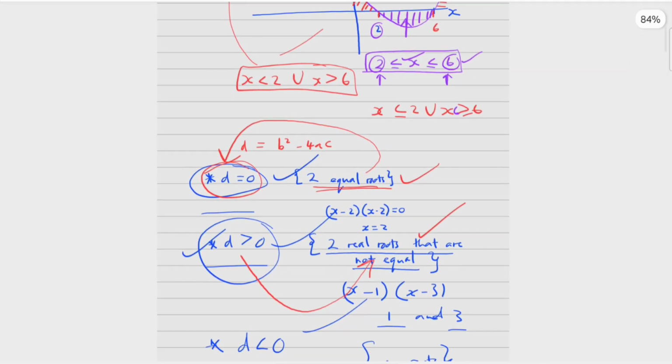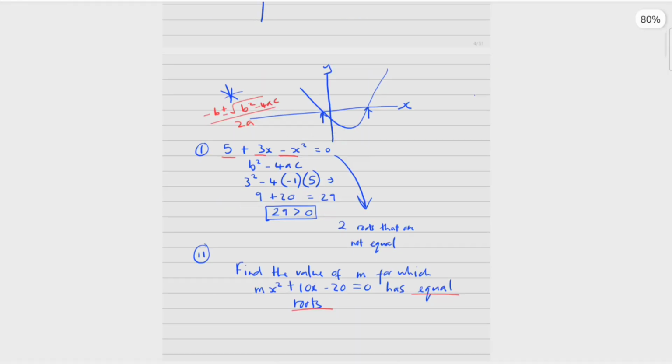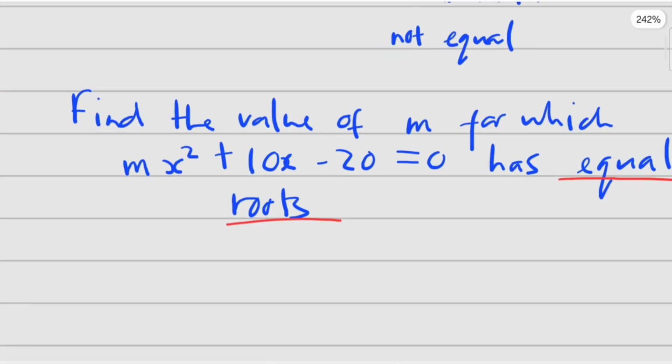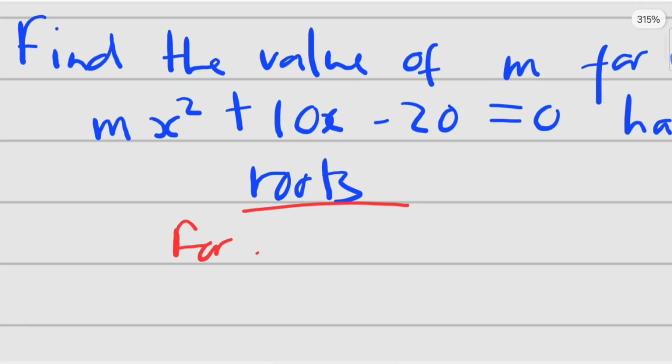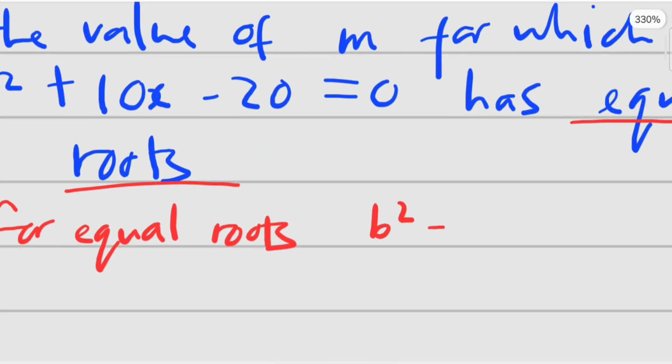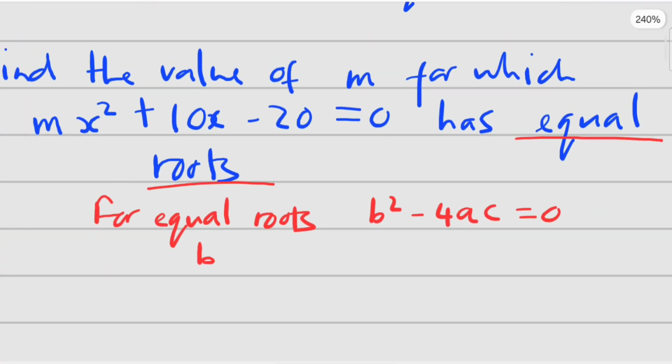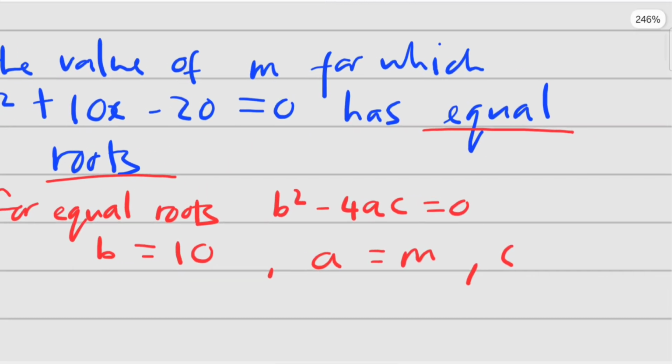We know for equal roots the discriminant has to be equal to 0, right? So we write for equal roots, b squared minus 4ac should be equal to 0, like that, right? Our b is 10, our a is m, and our c is minus 20, like that, right?